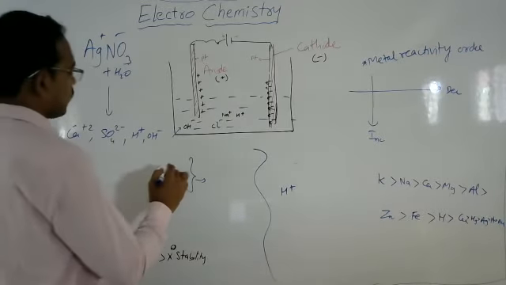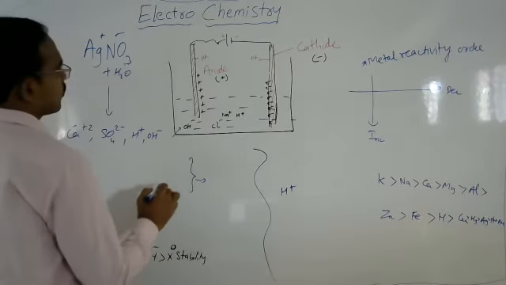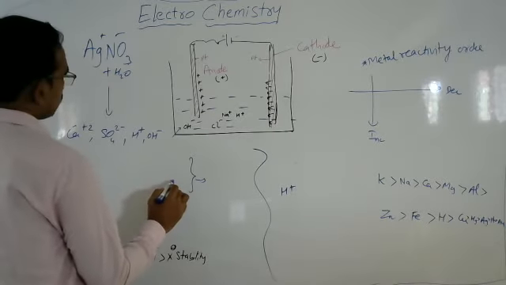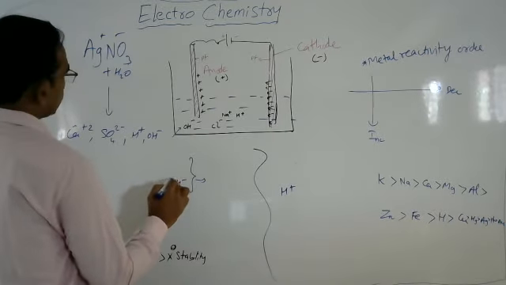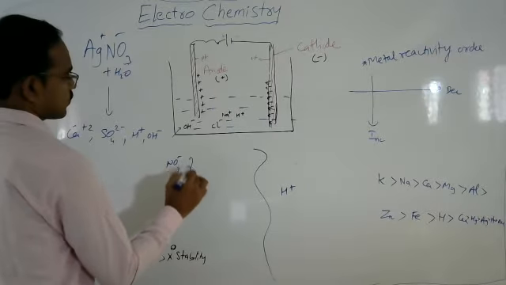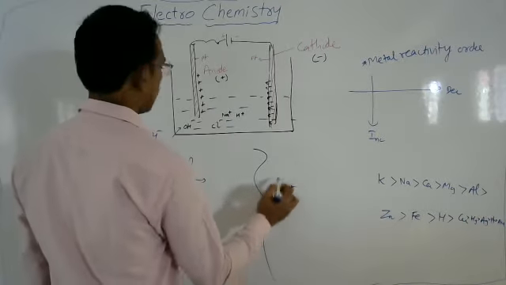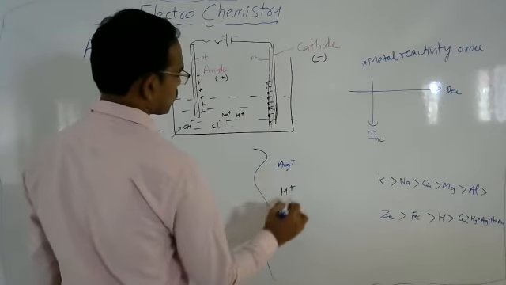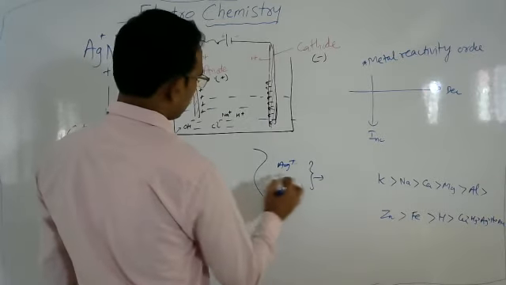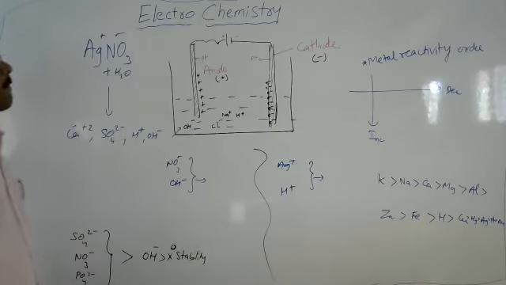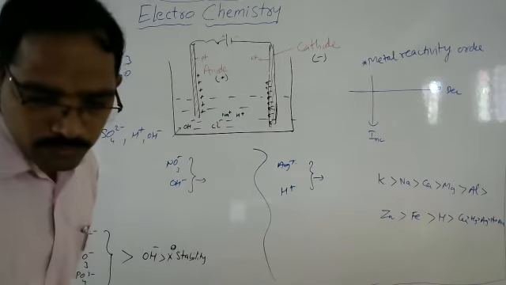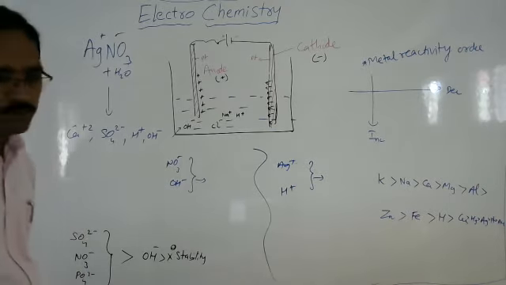At anode, at cathode, what are forming? Anode, anion: OH minus, NO3 minus. Cation: H plus and Ag plus. Yes, what is forming here? Silver at cathode.